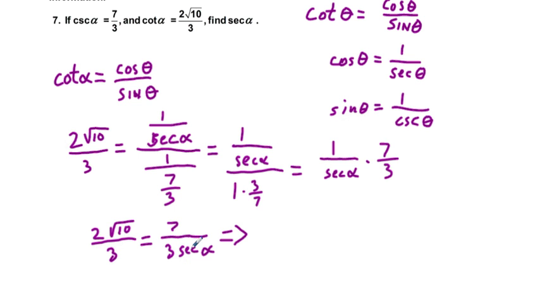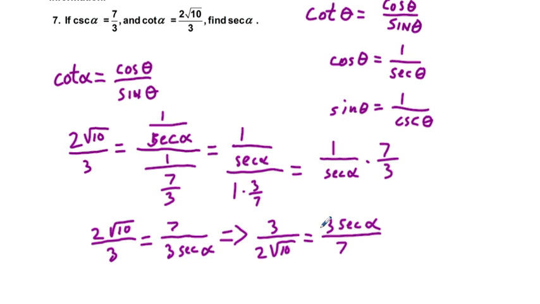We're trying to solve for something in the denominator here, so we can just flip these fractions upside down. So this 2 square root of 10 over 3 can be 3 over 2 square root of 10 equals 3 secant alpha over 7.